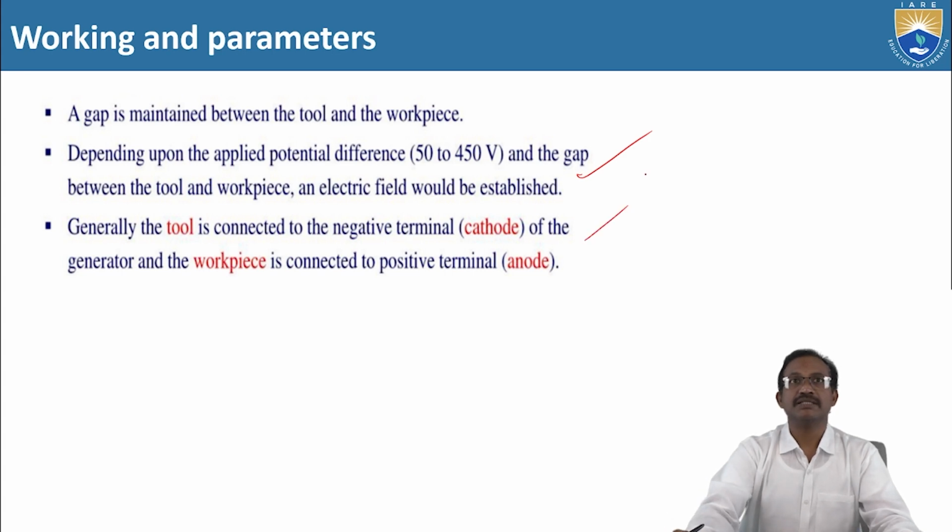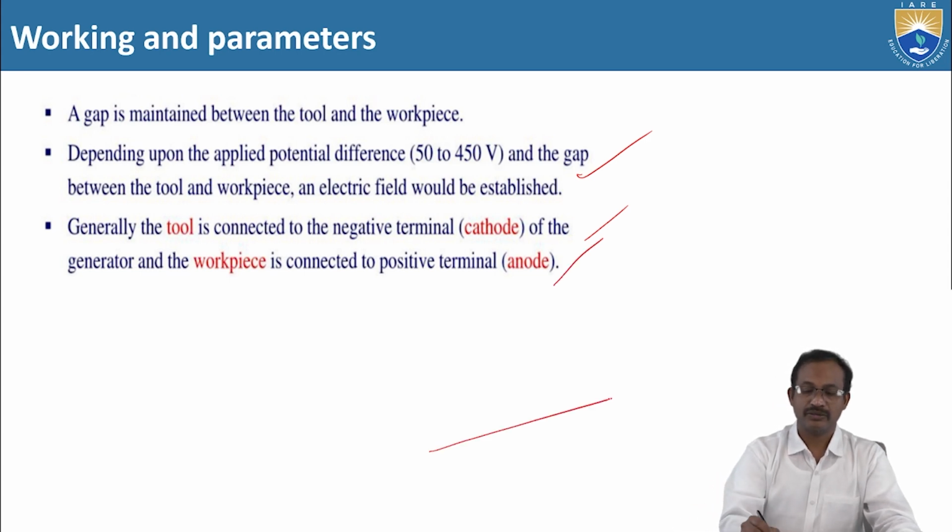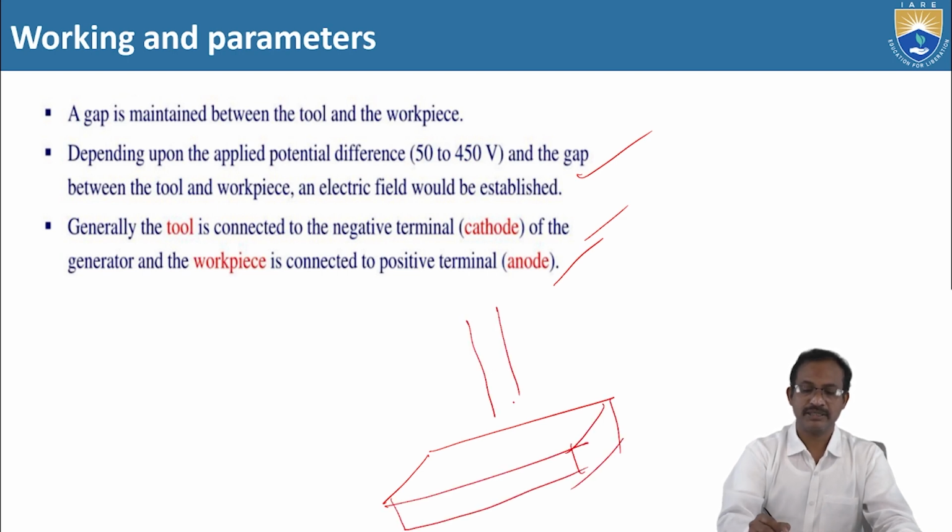Next, generally the tool is connected to the negative terminal, that is the cathode of the generator, and the workpiece is connected to the positive terminal, that is the anode. This is the workpiece and this is the tool.